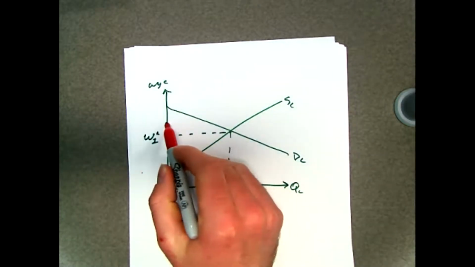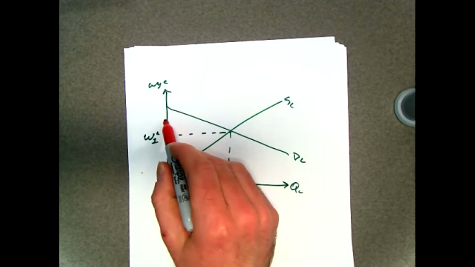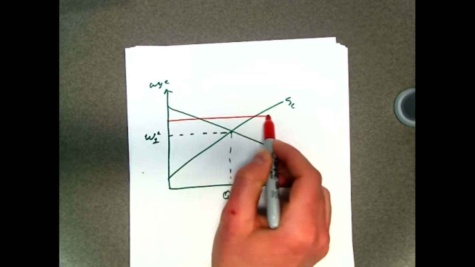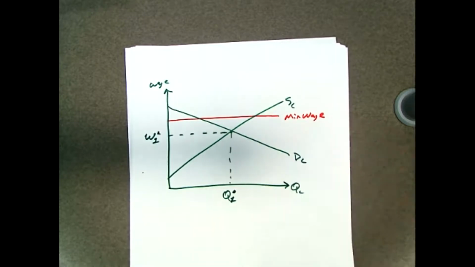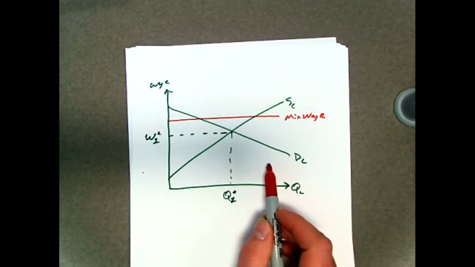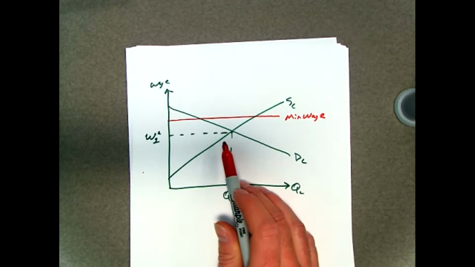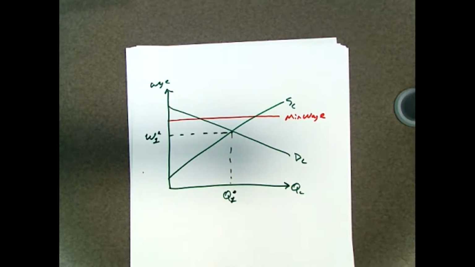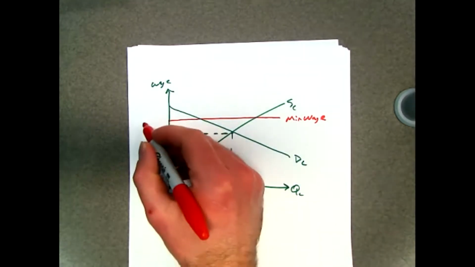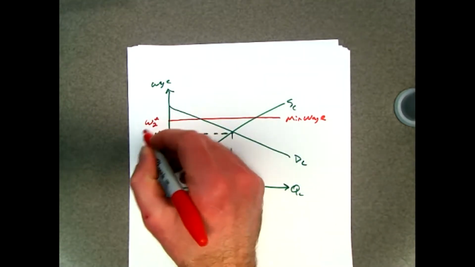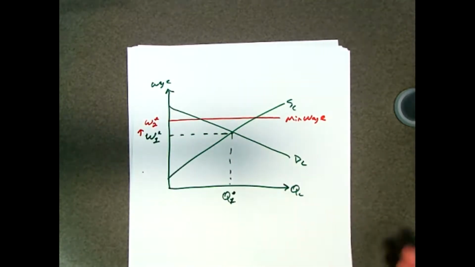Well, an effective minimum wage would mean that it's set above whatever the current wage is, right? If I set a minimum wage down here, I'm paying my workers more than that already, so nothing changes. So let's say they set a higher minimum wage. Well, the new equilibrium wage is going to go up if it's an effective minimum wage.